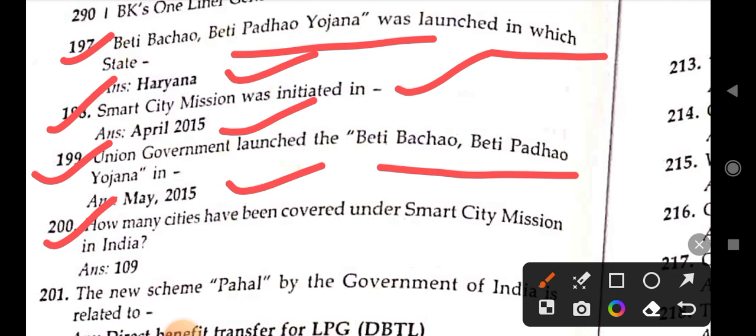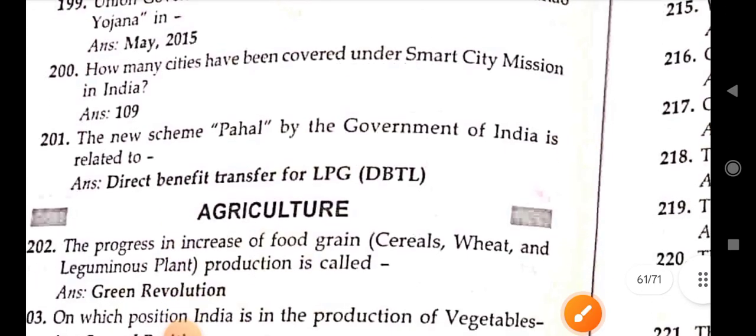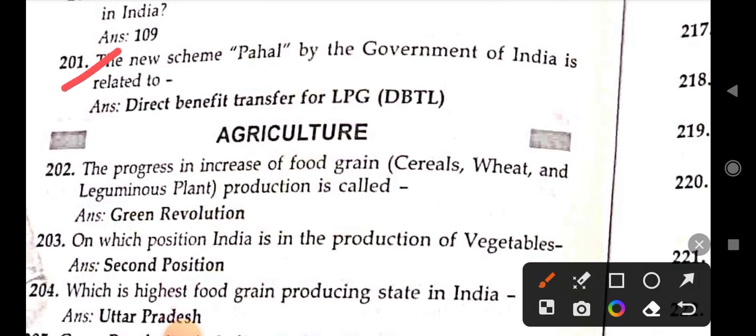How many cities have been selected under the Smart City Mission in India? 109. The new scheme Pahal by the Government of India is related to direct benefit transfer for LPG.